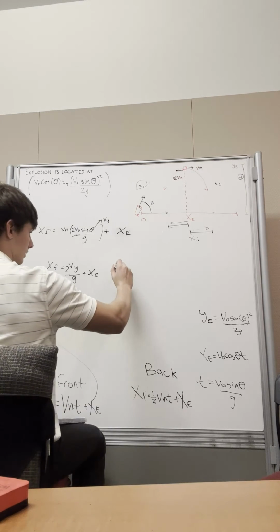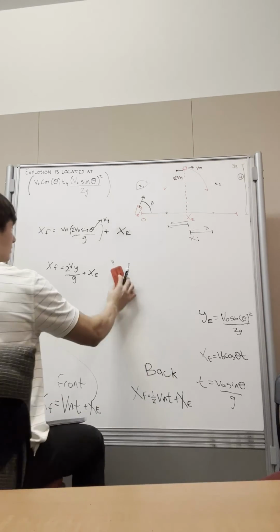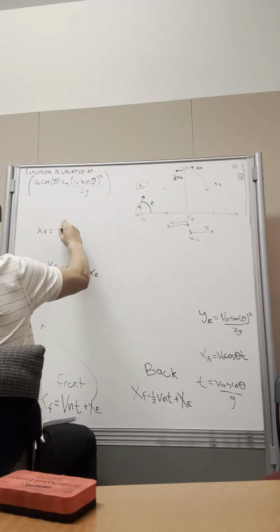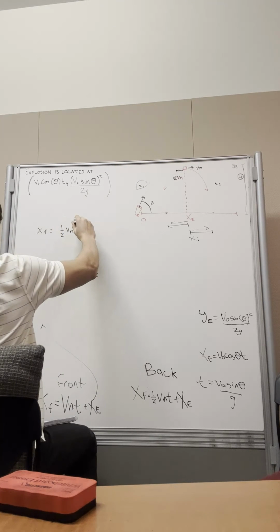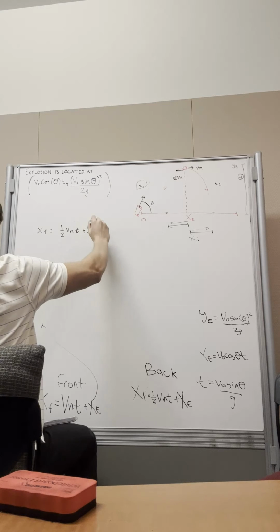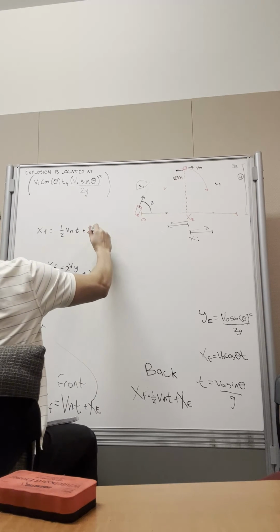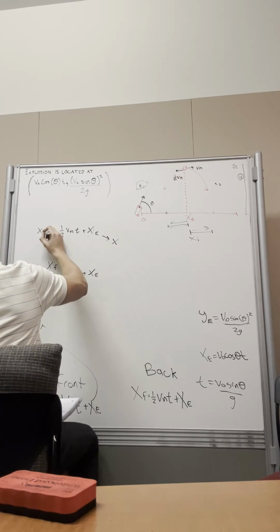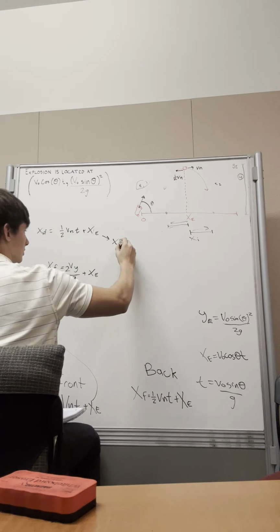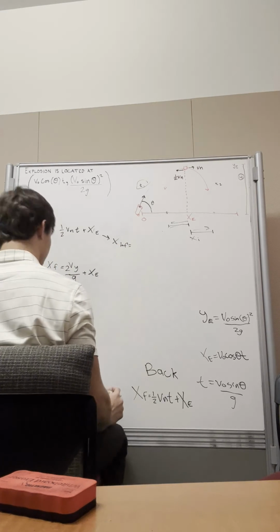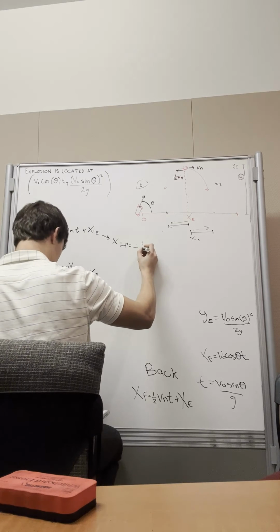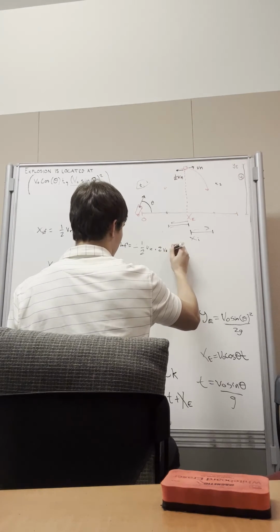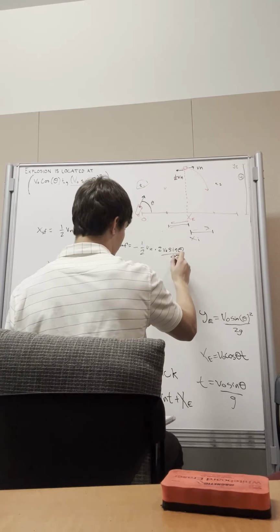And then the x final for the one going backwards is equal to 1/2 the new velocity times t plus xe. So x backwards final is equal to negative 1/2, because it's going back, times 2 times v naught sine of theta over g.